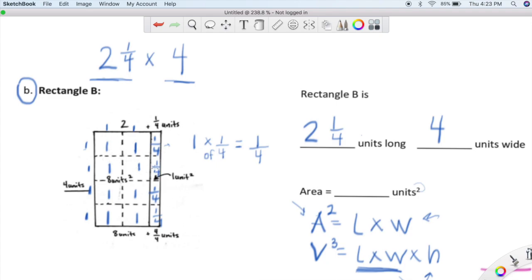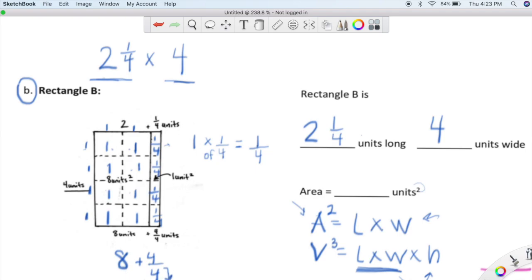Now we have to consider what is the area of this rectangle. Well, we just have to figure out what's going on the inside. Let's count our whole numbers first. We have 1, 2, 3, 4, 5, 6, 7, 8 whole numbers. And then we have 1, 2, 3, 4 fourths. 4 fourths is a fancy name for whole number 1.